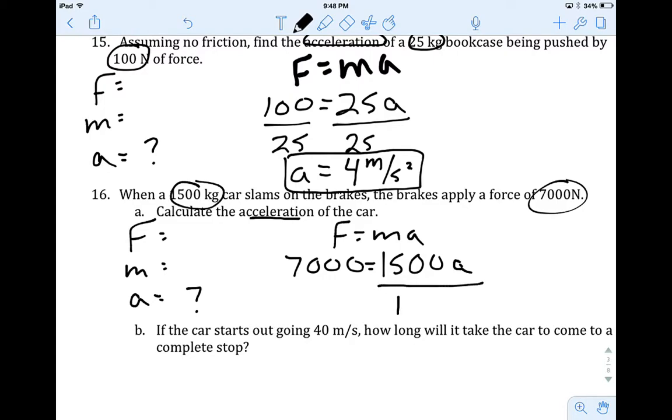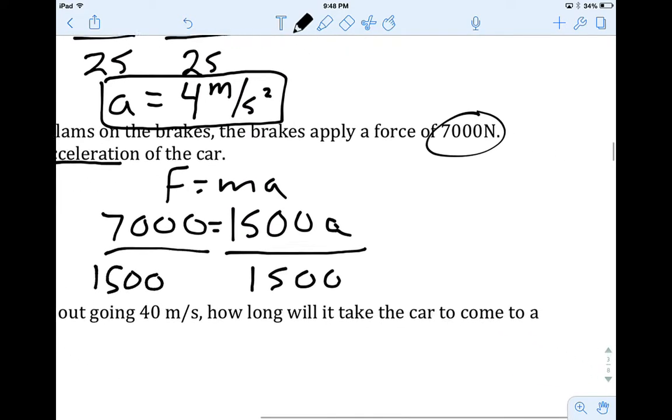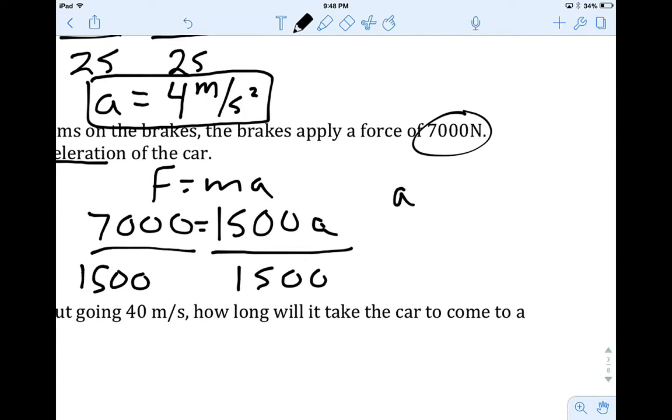Again, I'm just going to divide by 1,500 on both sides. Remember, don't subtract. Divide by 1,500. And then I ran out of space, so I'm going to write a equals 7,000 divided by 1,500.